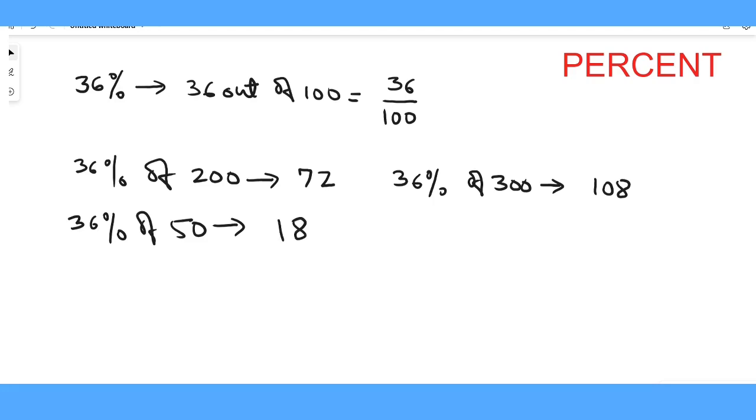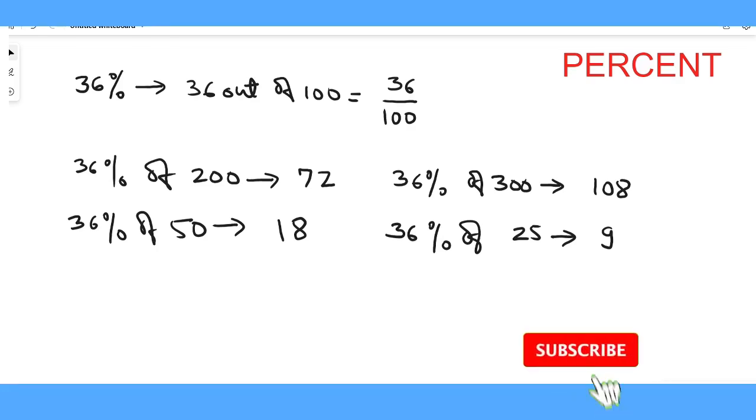As 50 is half of 100, we have to make half of 36, and half of 36 is 18. 36% of 25 is 9. As 25 is 1/4 of 100, we have to make 1/4 of 36, and 9 is 1/4 of 36. That is why 36% of 25 is 9.